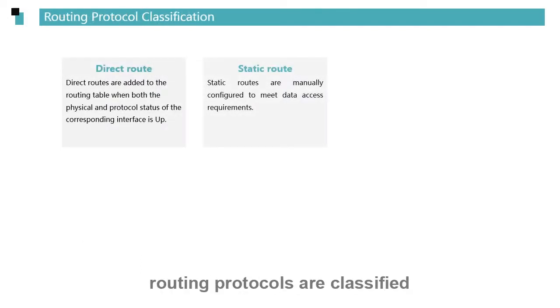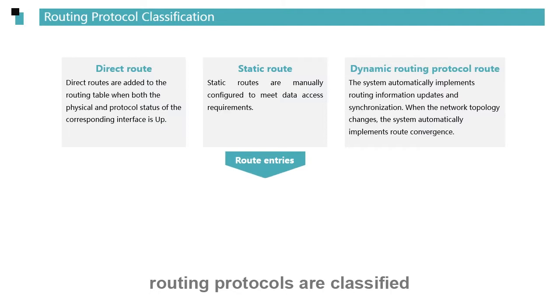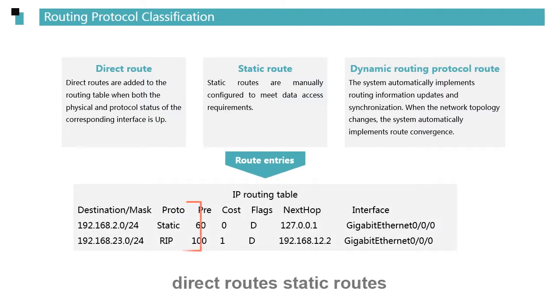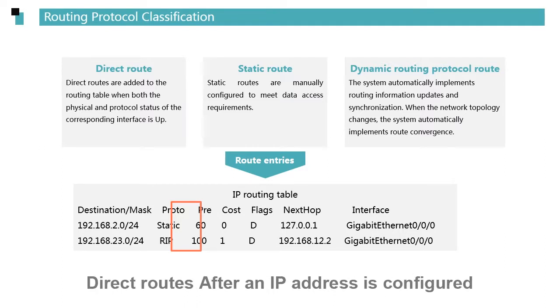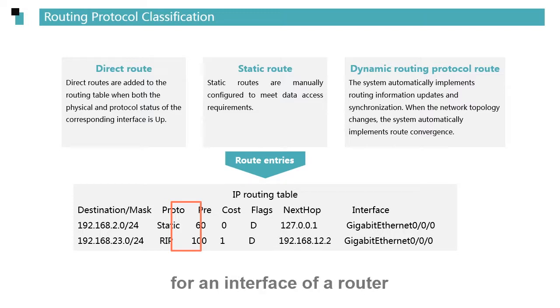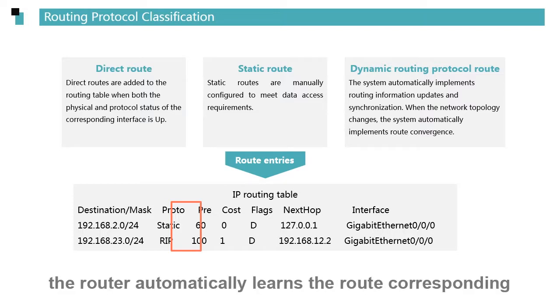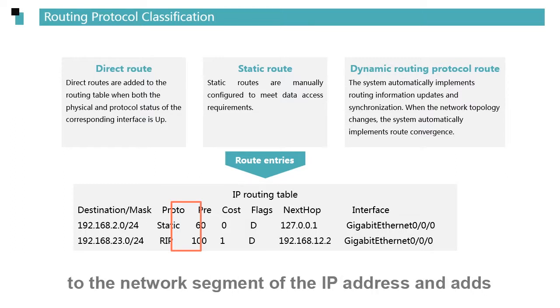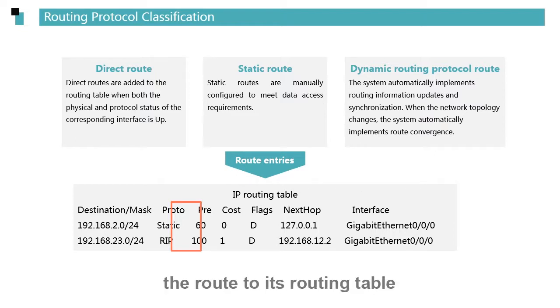Generally speaking, routes are classified into 3 types: direct routes, static routes, and dynamic routing protocols. Direct routes. After an IP address is configured for an interface of a router, the router automatically learns the route corresponding to the network segment of the IP address and adds the route to its routing table.